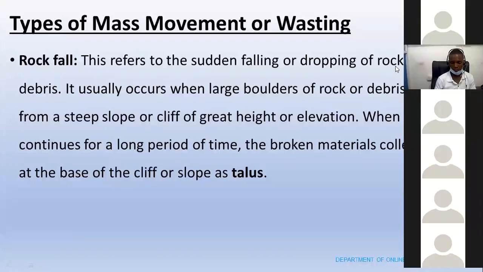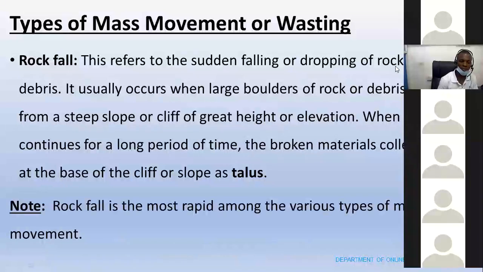So take note. All right. Let's move ahead to look at the second type of mass movement. So like I said, rockfall is the most rapid among the various types of mass movement. This is a very important point you need to note.